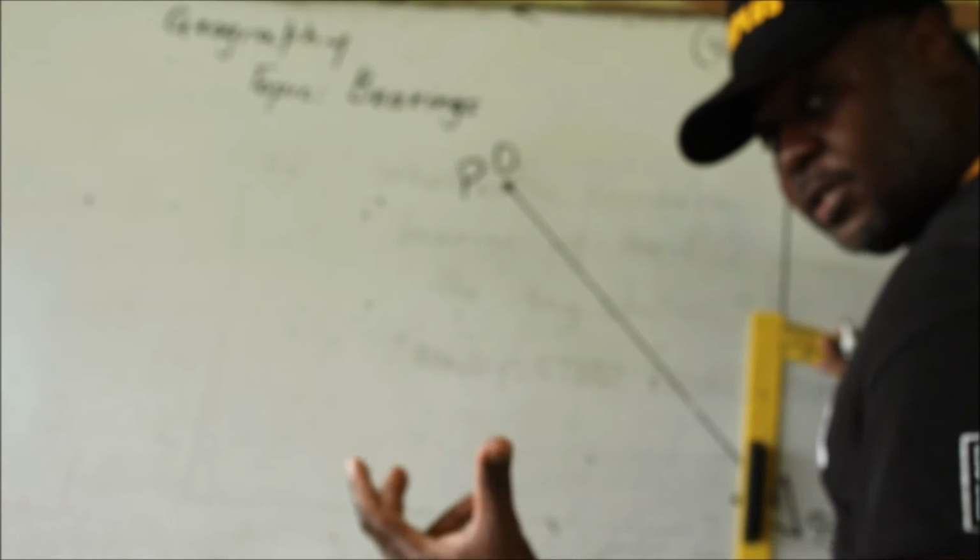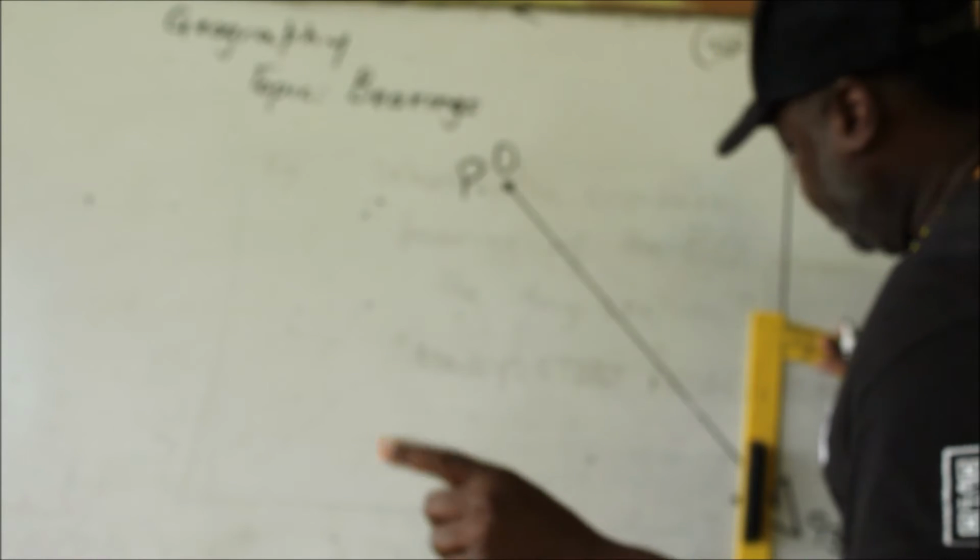Now, a little trick. Since we know that angles on a straight line measure 180, if we extend this north-south line, angles on a straight line measure 180. So we know already that from here to here is 180.